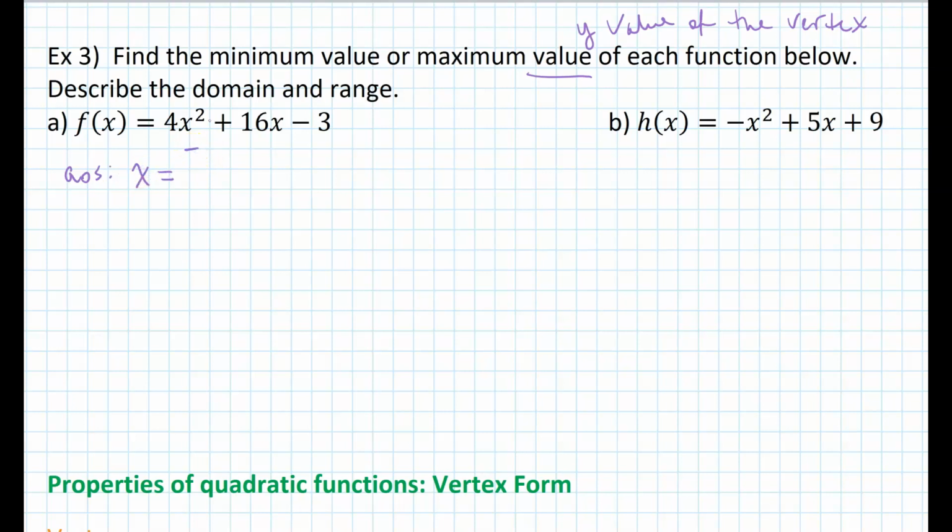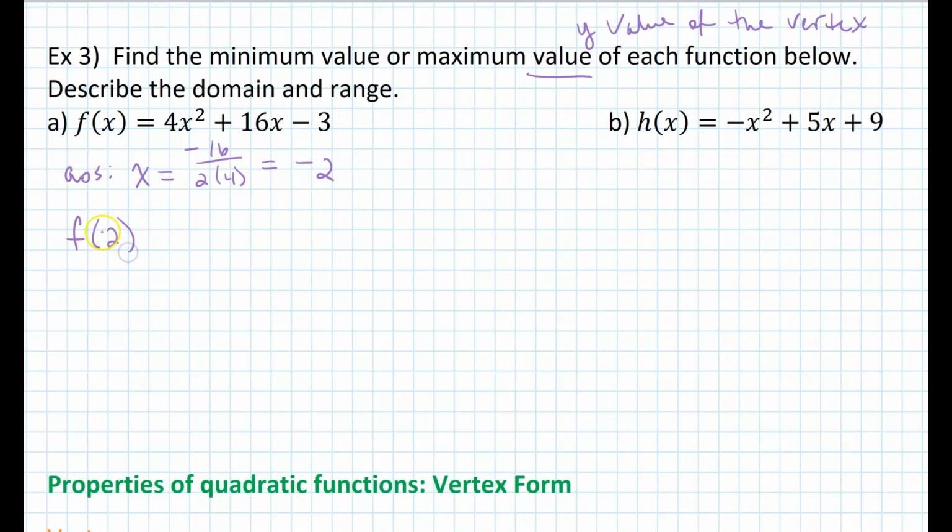What's my b value in the first one? 16. And what's my a value? 4. All right, so I get negative 16 divided by 8 is negative 2. That's going to be the x value of the vertex, so I'm going to plug that in now to find the y value.